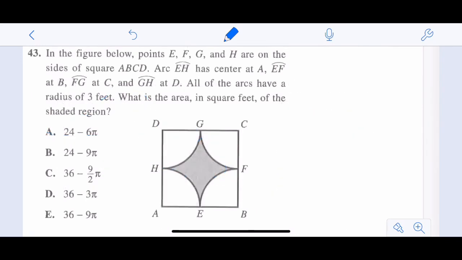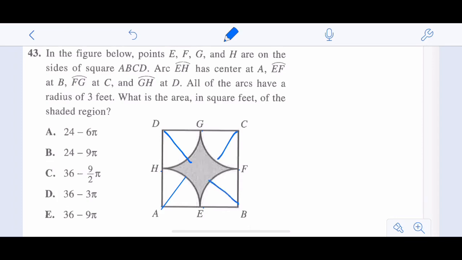In the figure below, points E, F, G, H are on the sides of square ABCD. Arc EH has a center at A, EF at B, and so on.